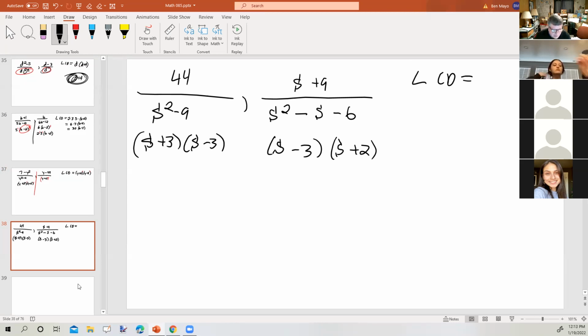So my factors are s plus 3, s minus 3, s minus 3, s plus 2, and they're all of degree 1. So what's the highest power of s plus 3? Just one of them. What's the highest power of s minus 3? Just one of them. And the highest power of s plus 2, just one of them. Okay.